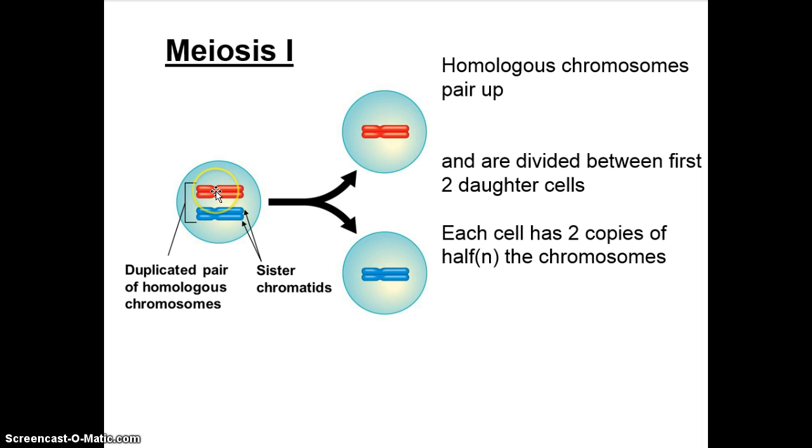So if this is mom's chromosome, it goes here. If this is dad's chromosome, it goes there. So at this point now, each cell has two copies of one of the original two chromosomes.